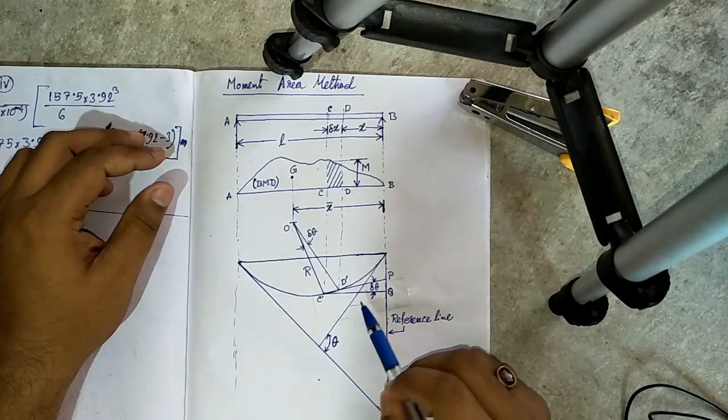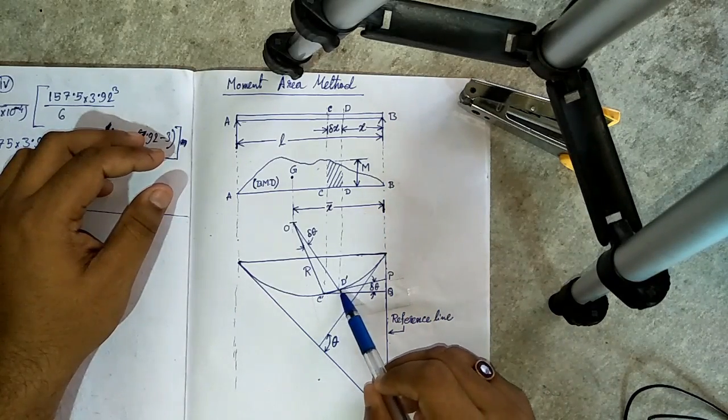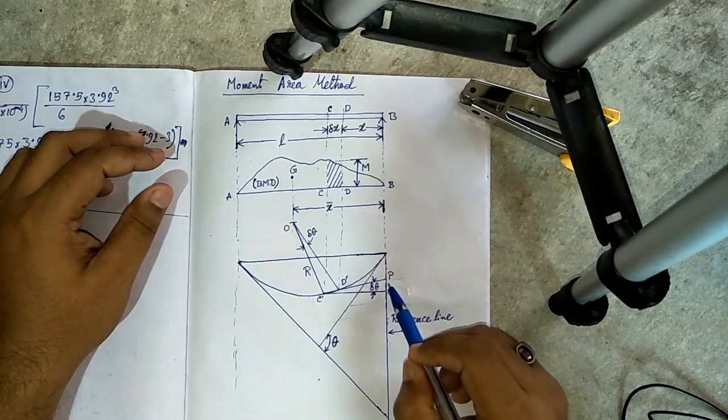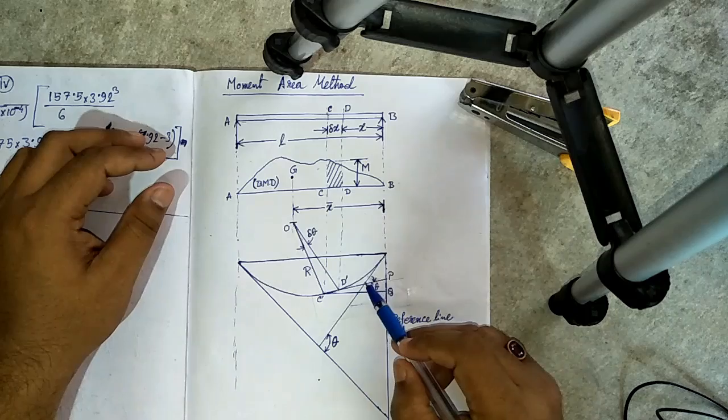Similarly, if we take two tangents from C dash and D dash, we get two points, P and Q, on this reference line, and this angle is also del theta.